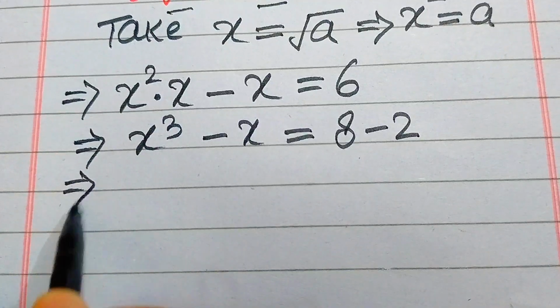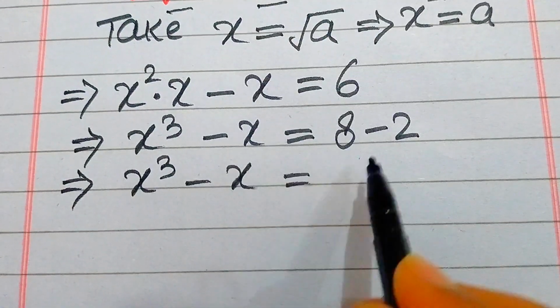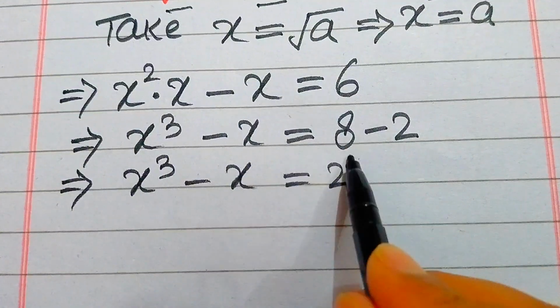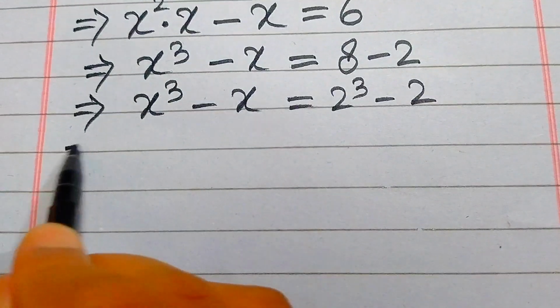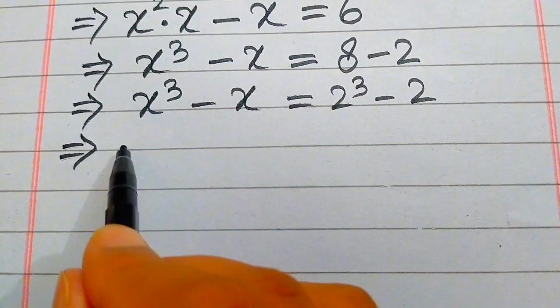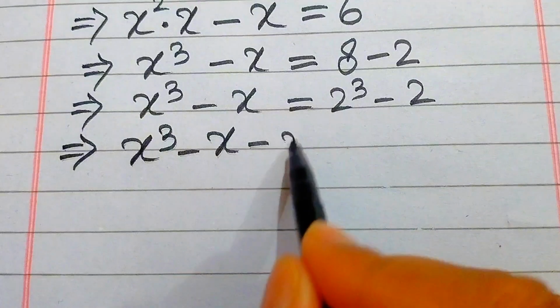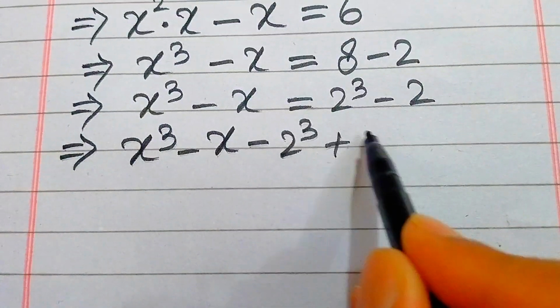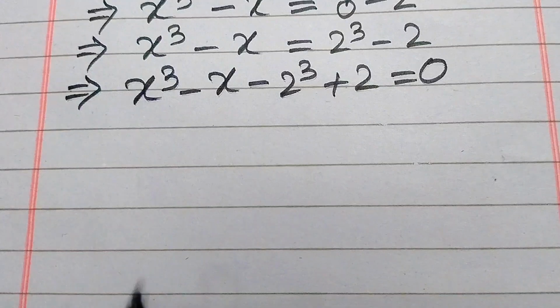In the next step, we rewrite this equation as x cubed minus x equals 8 written as 2 cubed minus 2. Then we move all the terms from the right hand side to the left hand side, and it becomes x cubed minus x minus 2 cubed plus 2 equals 0.